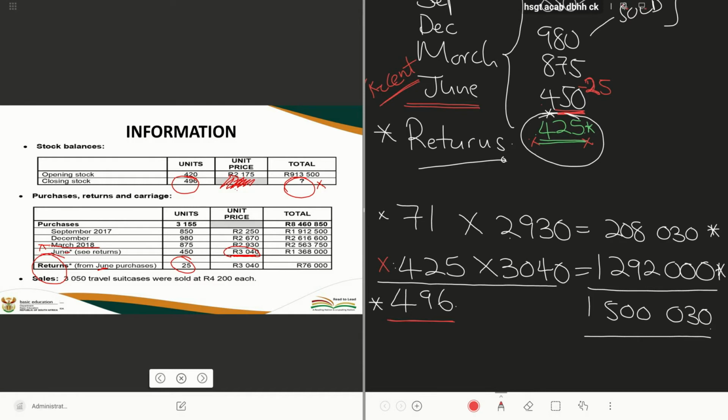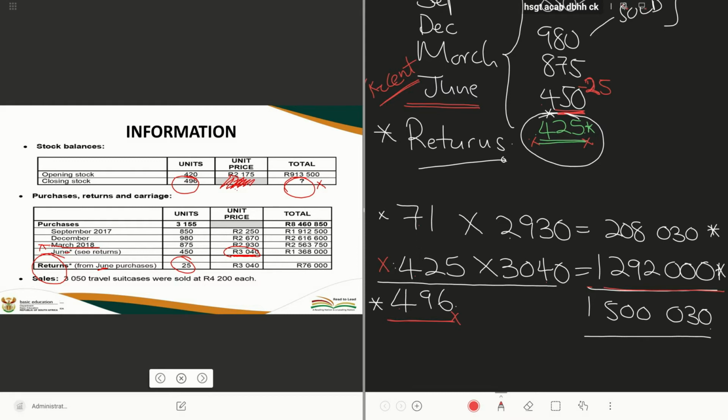Hence here, I have my 425. I say 425 units multiplied by the cost per unit. It gives me the total, which is 1,292,000. Boys and girls, remember, my closing stock is 496. Therefore, in June, I only got 425. How many do I still need? 71. How do you get 71, Mr. Simbi? You say 496 minus 425, you get 71. So, remember again, bottom up.